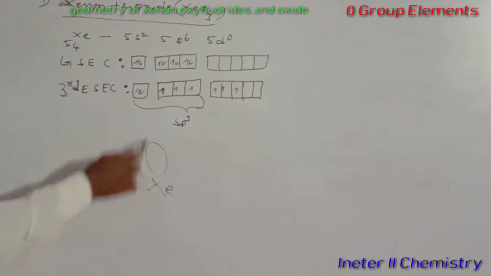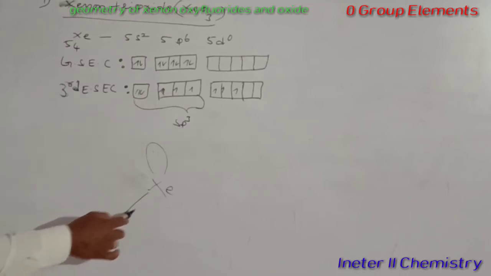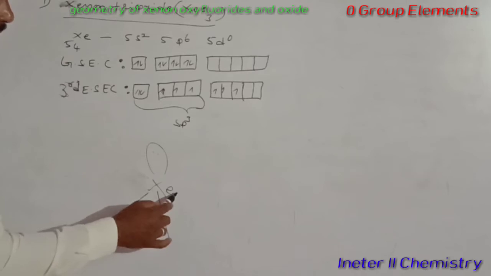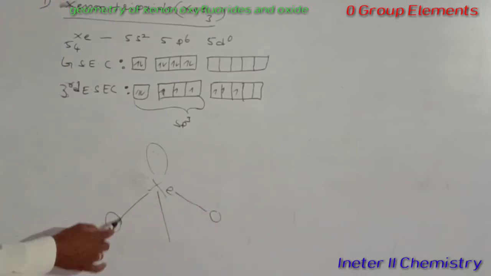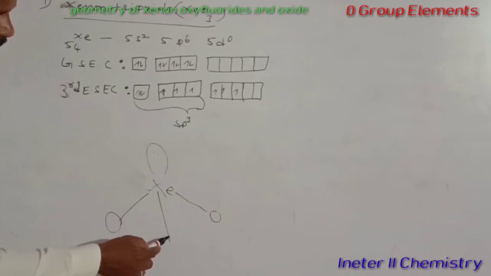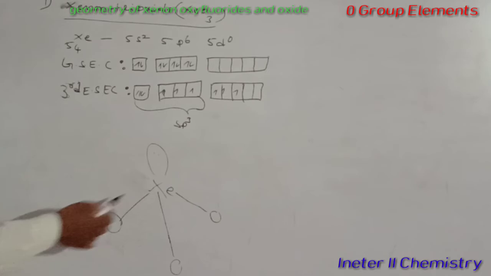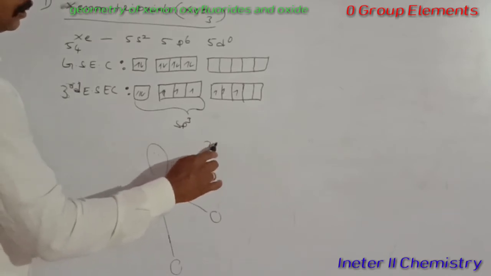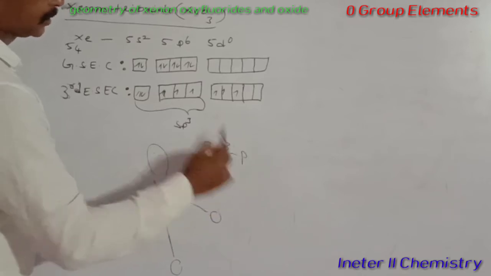The remaining 3 sp3 hybrid orbitals overlap with the 3 oxygen atoms separately like this. How many in total? 3 sp3-p sigma bonds are formed.